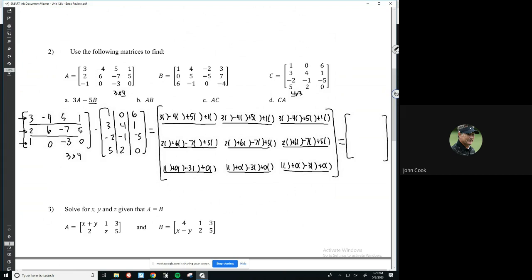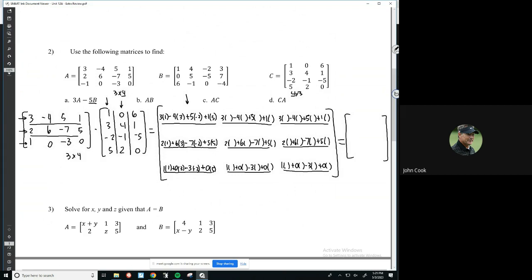All right, and then the blanks are going to be the columns. So column 1 is going to be consistent all the way down column 1. So it's going to be 1, 3, negative 2, 5 for all these blanks that I've established here on this column. And then second row is going to be these values.